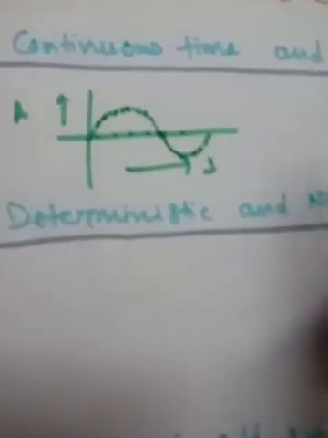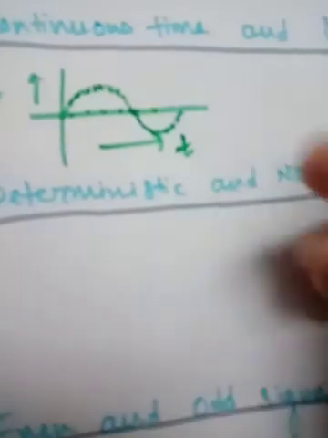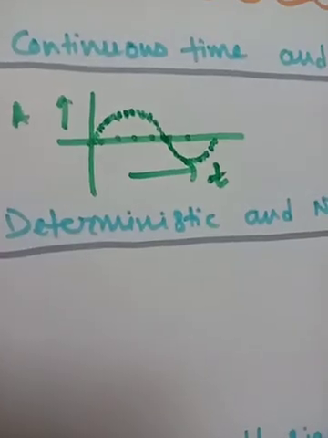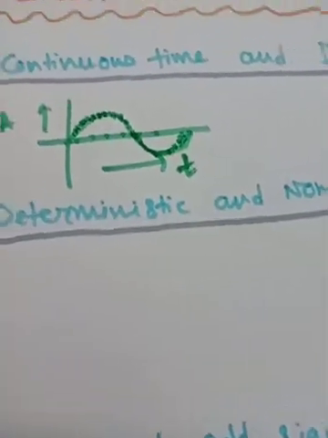No point will not have any amplitude. So this type of signal in which for each and every point of the time we will be getting an amplitude is called a continuous signal. It will look like this, like sin t.